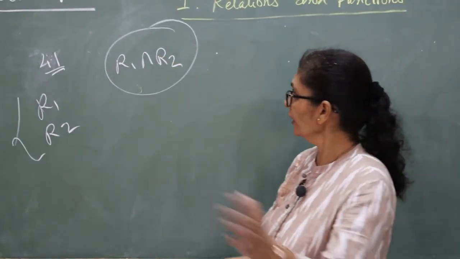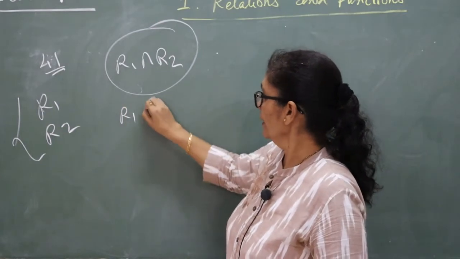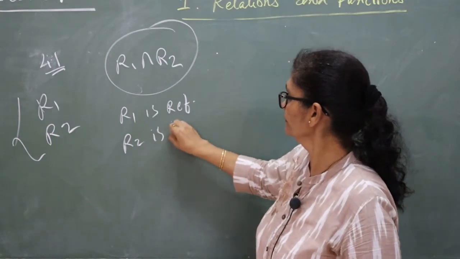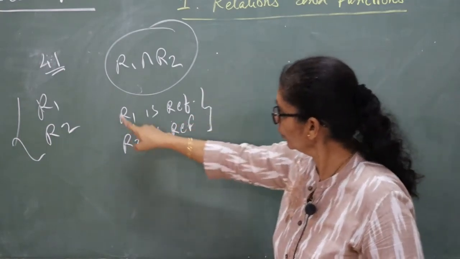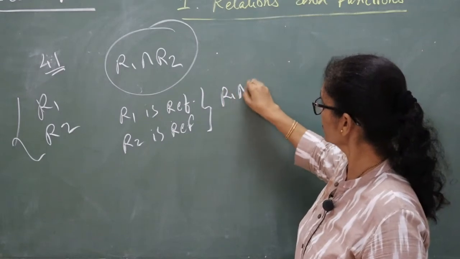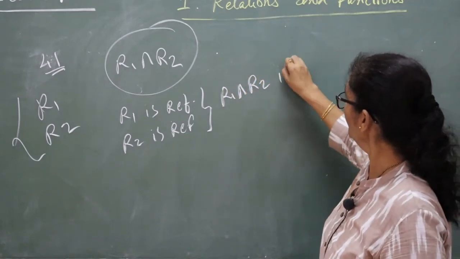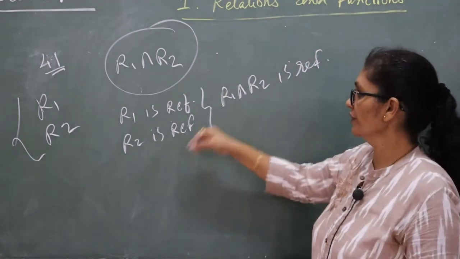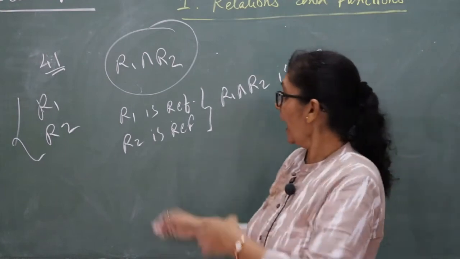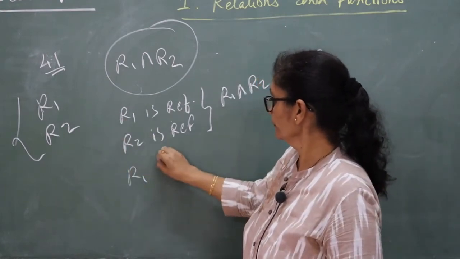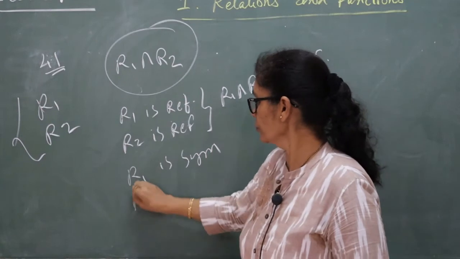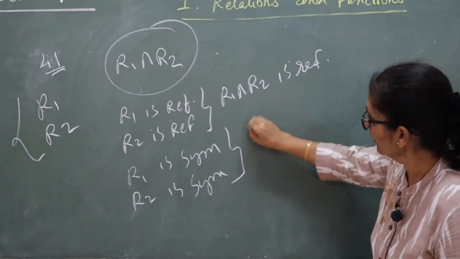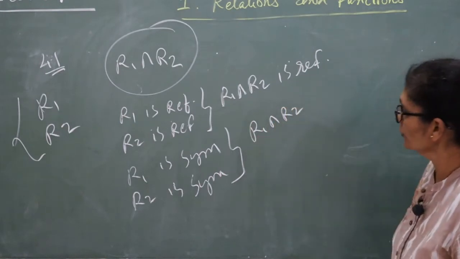and transitive. Okay, let's start with reflexive. Suppose R1 is reflexive, R2 also reflexive, right? Then if both are reflexive, its intersection R1 intersection R2 is also reflexive. That is the easiest thing we can follow. In the same way, if R1 is symmetric and R2 is also symmetric, then R1 intersection R2 is also symmetric.